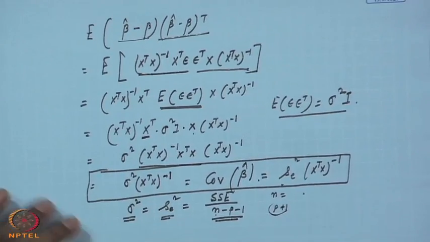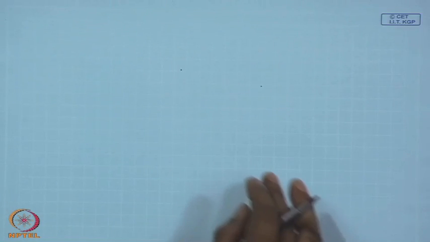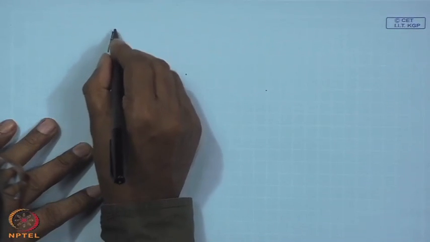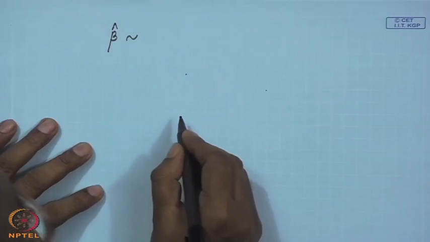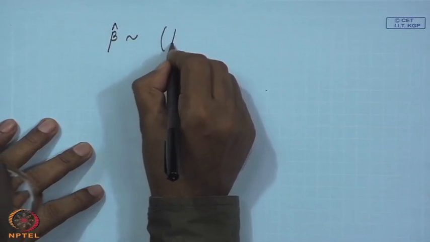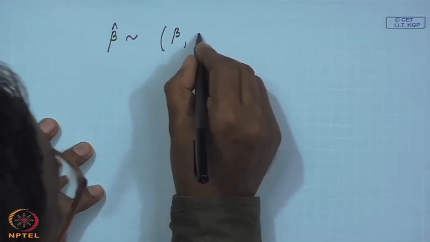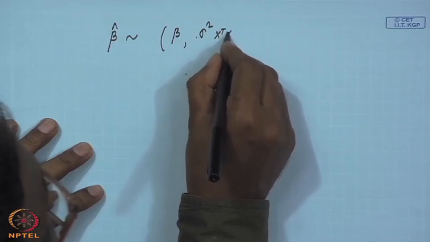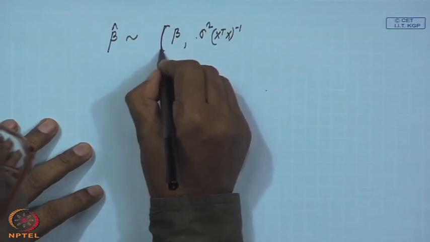Okay. Then we can say that beta cap is a random variable with mean vector beta, and covariance matrix we can write this way: sigma square x transpose x inverse, this is correct.